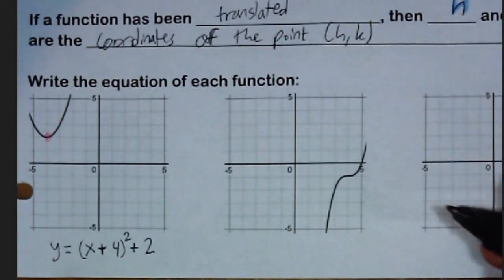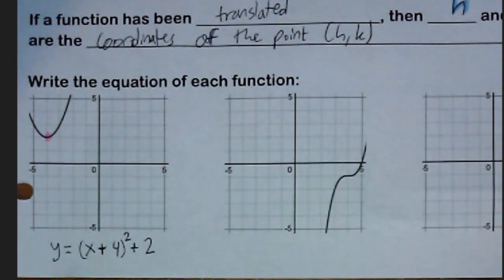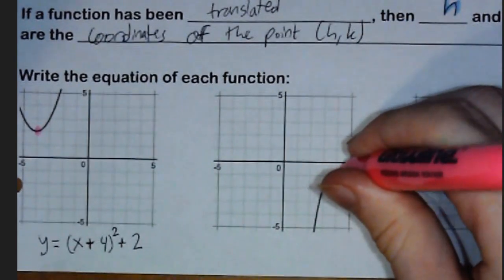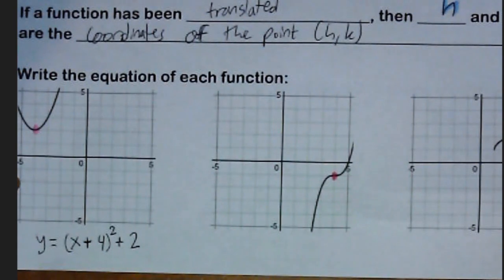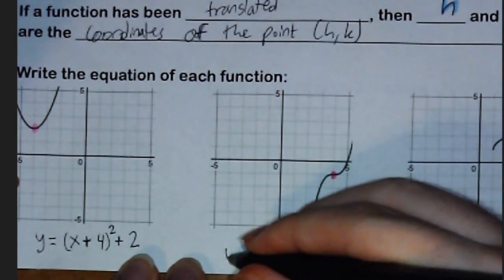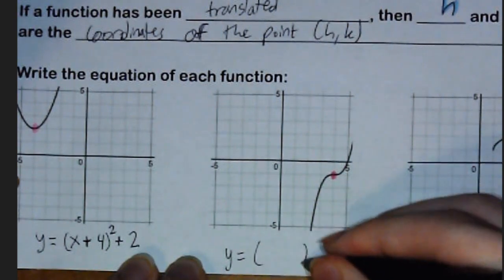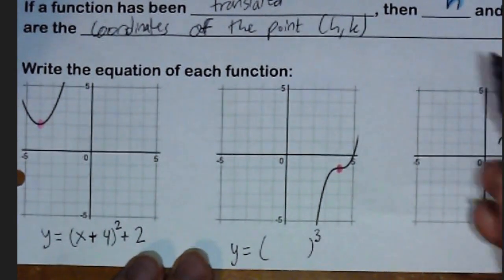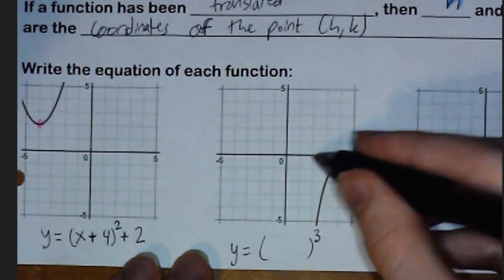Now for this one, we're looking at a cubic with the coordinates 4, negative 1 for the h, k point, which is at the point of inflection. Alright, so our equation is going to look like y equals something cubed. And we're going to have x minus h here.